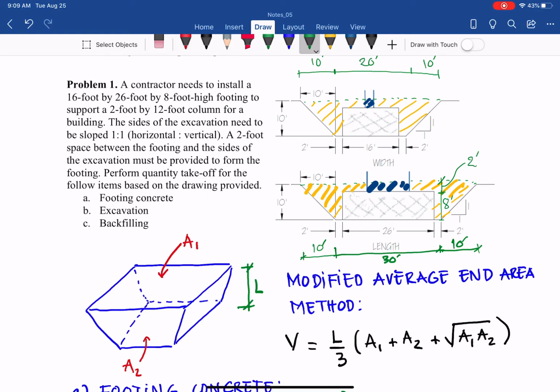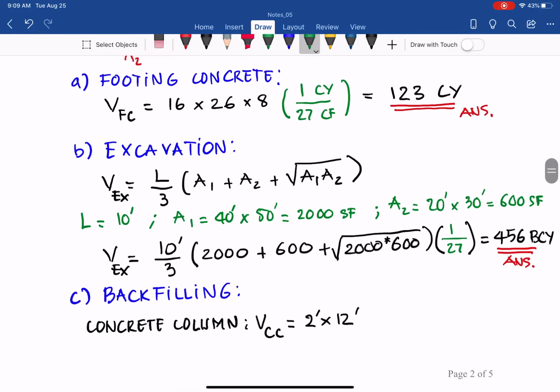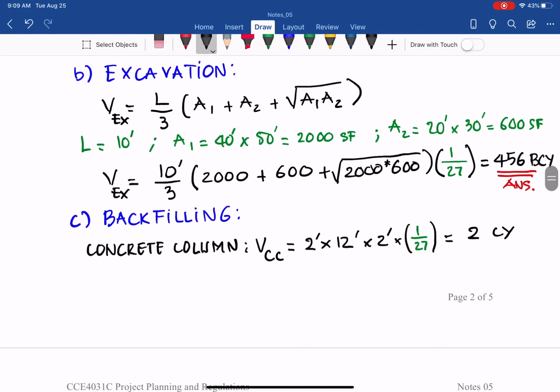Total is 10, then this is 8 for the footing, and that one is 2 feet. It's 3 dimensions, so we have to times 2 feet for the height. And of course we do the unit conversion, 1 over 27, and in this case it equals only 2 cubic yard for the concrete column.